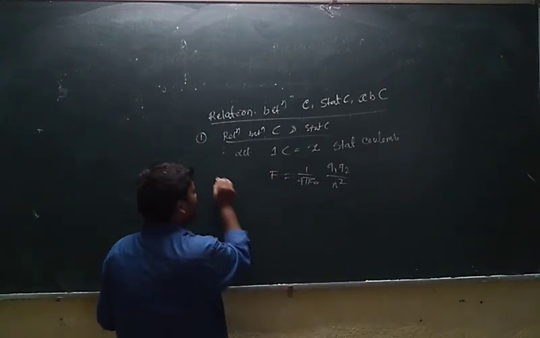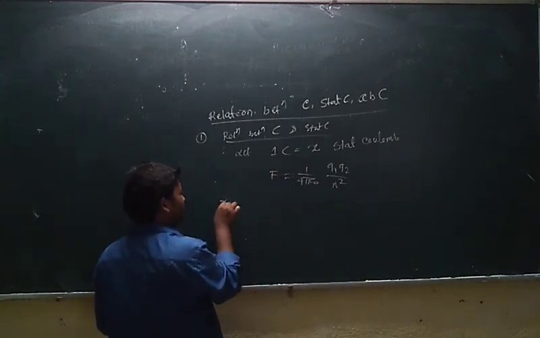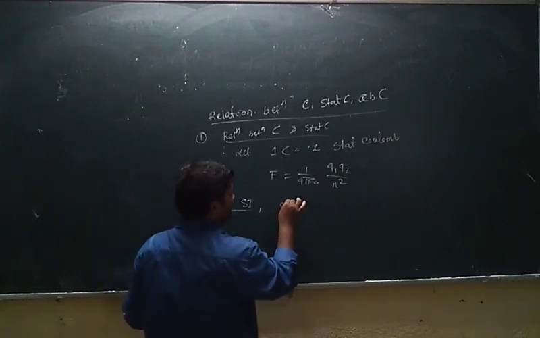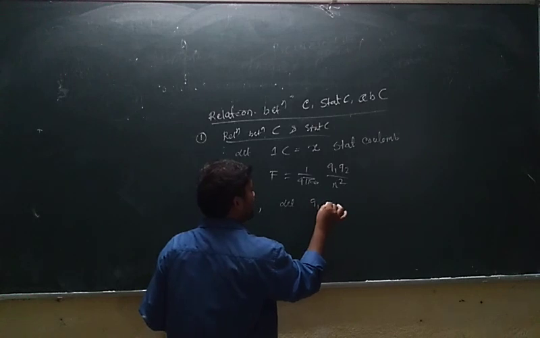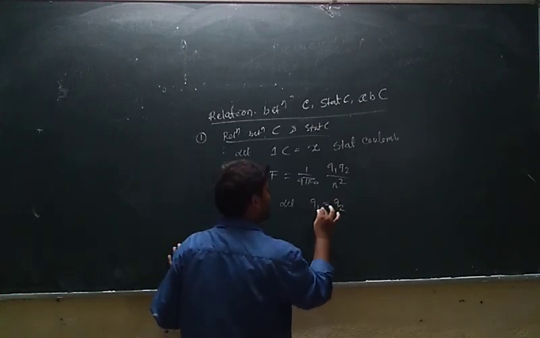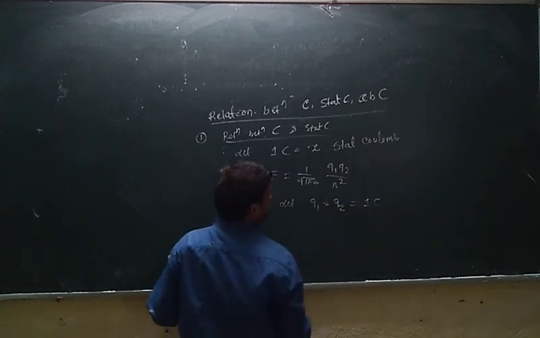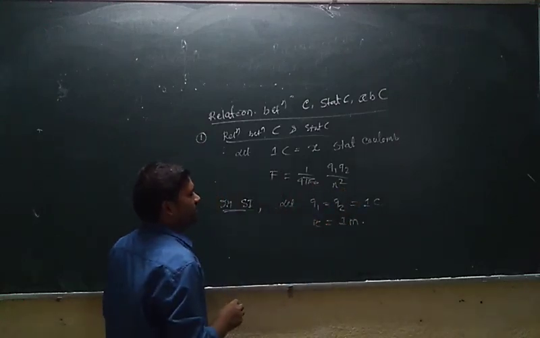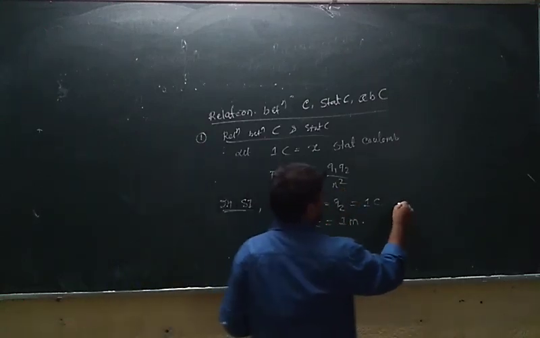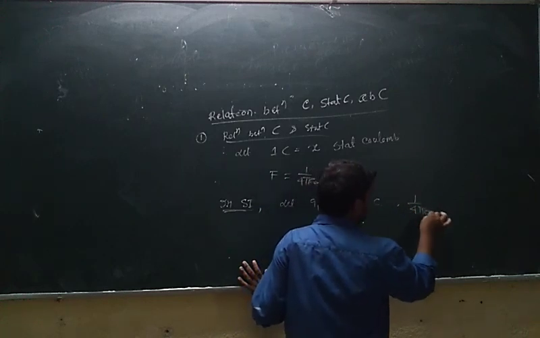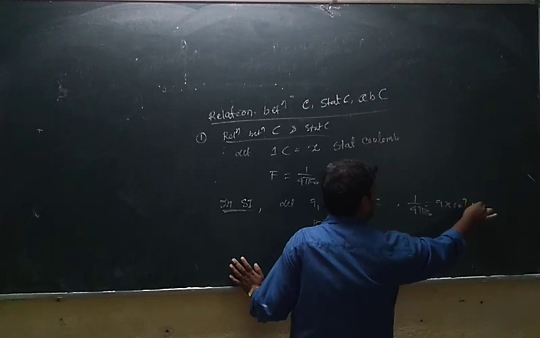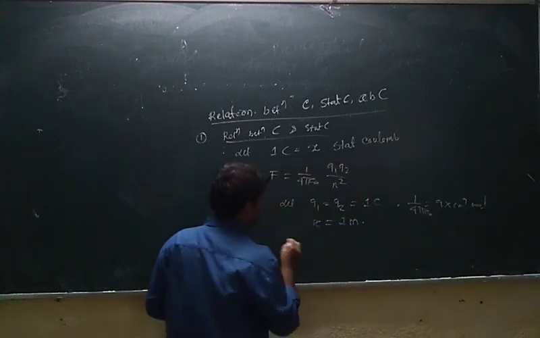So in SI system, let Q1 equals Q2 equals 1 Coulomb and R equals 1 meter. As we know, the value of 1 by 4 pi epsilon naught is 9 into 10 to the power 9 in respective unit.